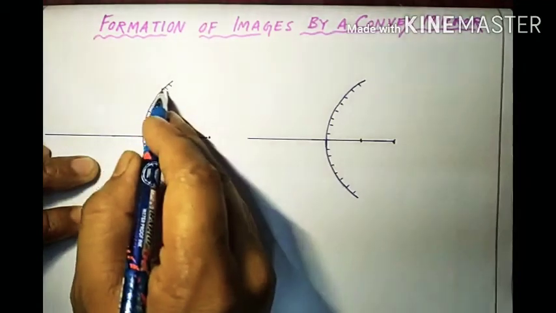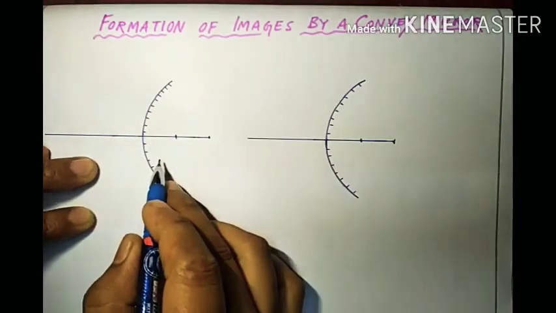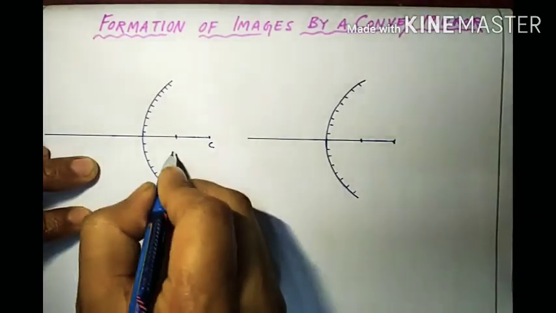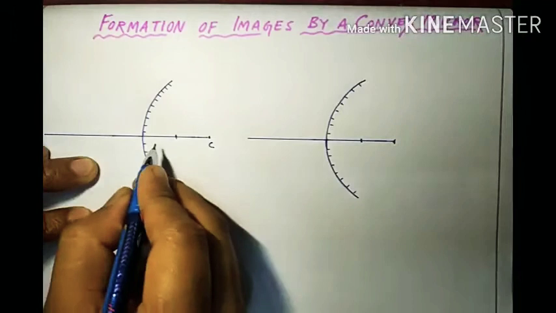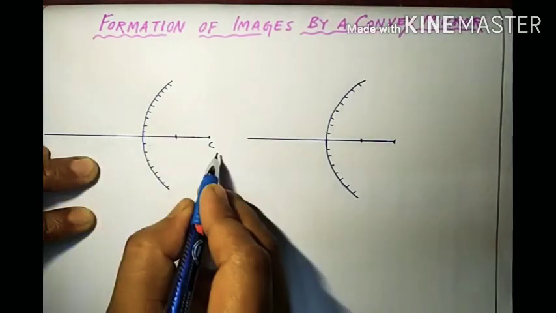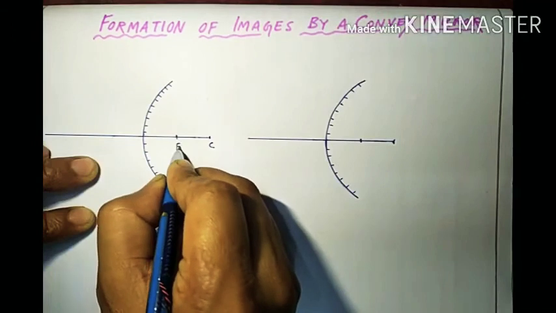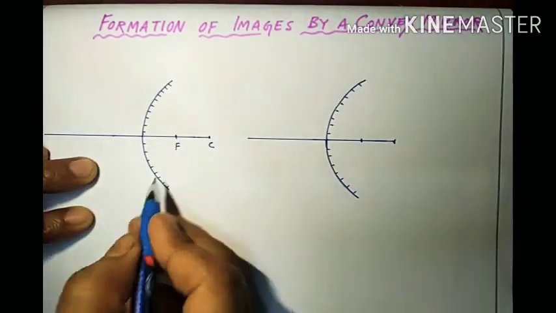So I have taken two convex mirrors. This is the center of curvature. Here, as you know, for a convex mirror, the center of curvature will be behind the mirror. This is actually our focus. Why is it focus?